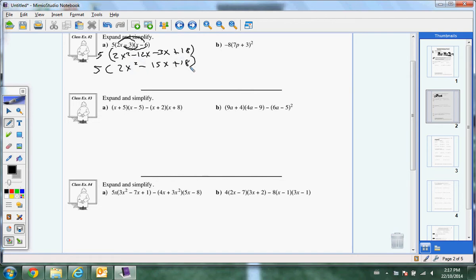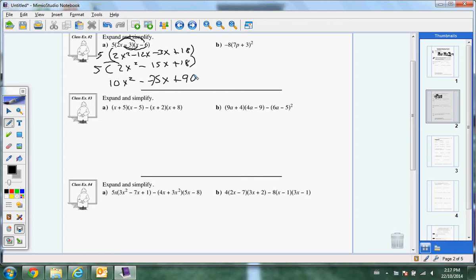Okay. And now I'm going to push my 5 through. So my 5 goes here. What's 5 times 2? 10. What's 5 times negative 15? What's that? Nope. 75. And 5 times 18 would be the 90. Okay, so that would be it.